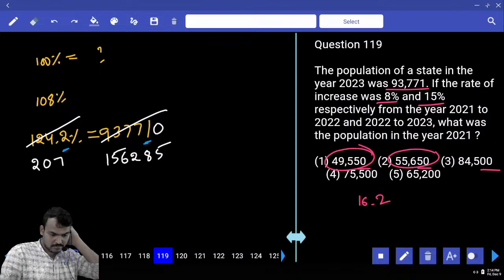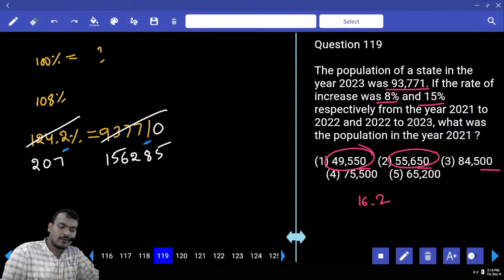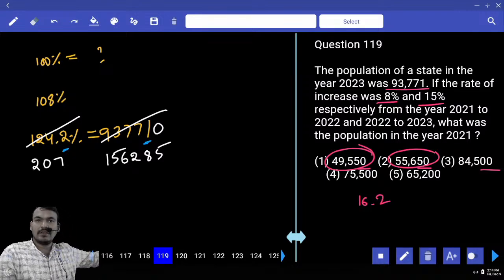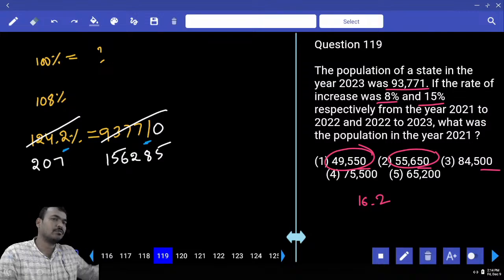Yes or no? 6 digits we are getting. The left-hand side will be divided by 10, so it will become 10.